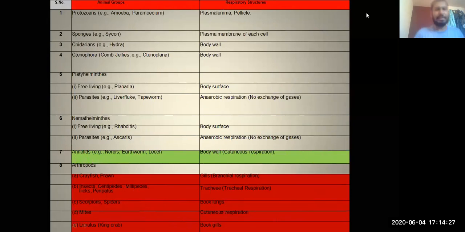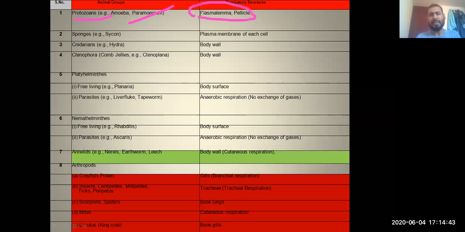Now we will see examples of different animals and their phylum. They have given the different phyla and their examples. First of all, Protozoa, Amoeba and Paramecium: respiration takes place through the plasmalemma, that means plasma membrane and pellicle.